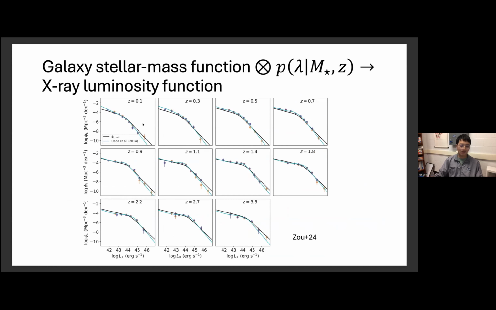Okay, I see. Yeah, we haven't done that actually. That's a good point. I think such an exercise is straightforward, just integrate that to get the CXB. Right, but it's critical because integral constraints are very powerful. Yeah, that's a good point. We haven't done that, but I would certainly try that. Thank you. You're welcome.